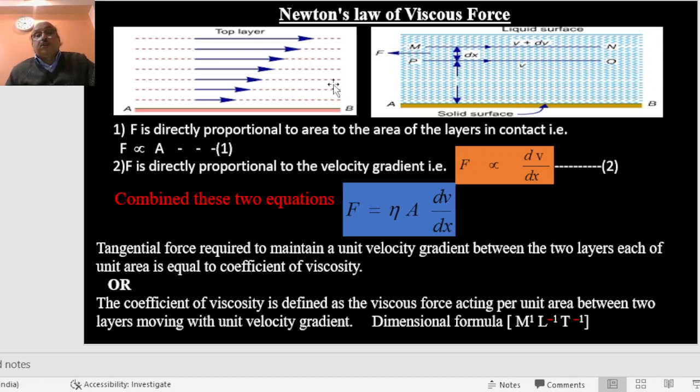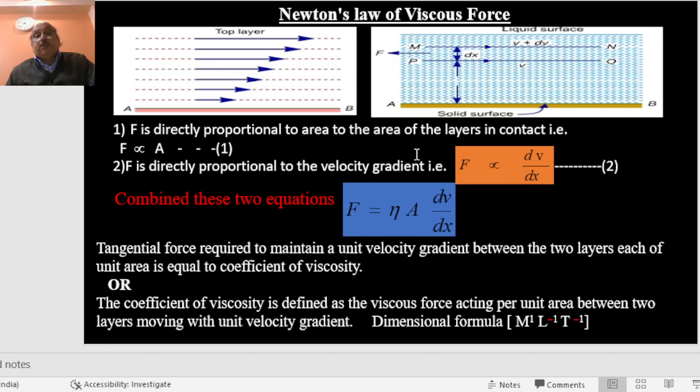The viscous force depends on the area of the layers, either of MN or of PQ, and also depends on the velocity gradient. The viscous force is proportional to the velocity gradient. It means dv by dx, difference of velocity upon distance between them.